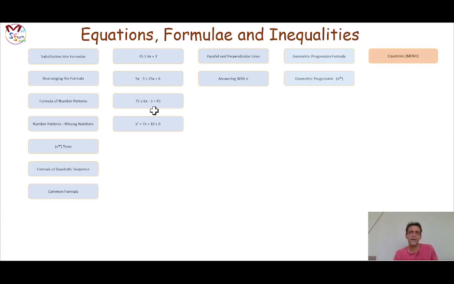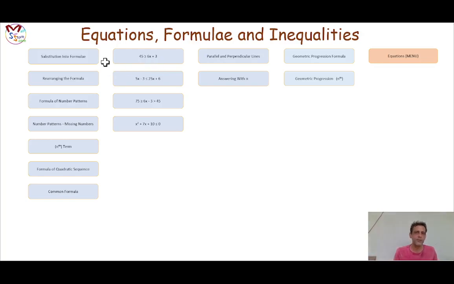Equations and formulas, and a sub-menu here is for the equations. As formulas, we've got substitution into formulas, rearranging the formula, number patterns with missing numbers, the nth term, formula of quadratic sequence, and common formulas, that's the area of a square, area of a rectangle, a circle, volume of a cuboid, pyramid, prism.